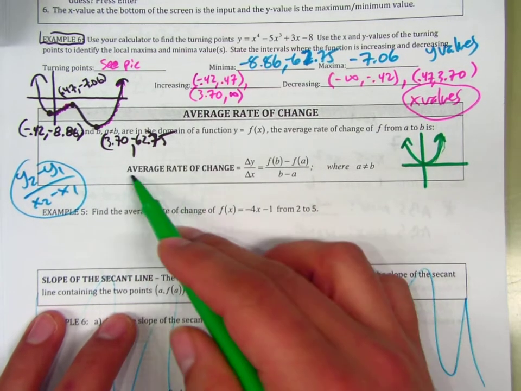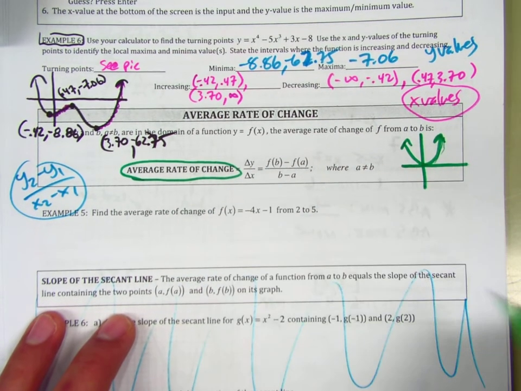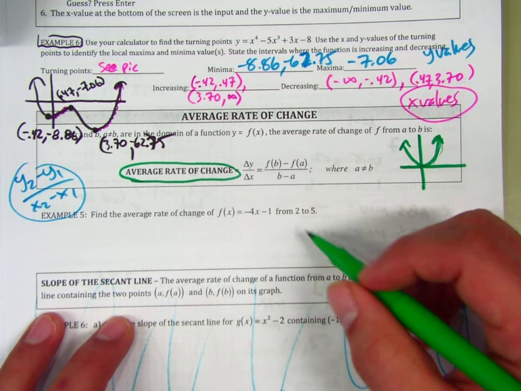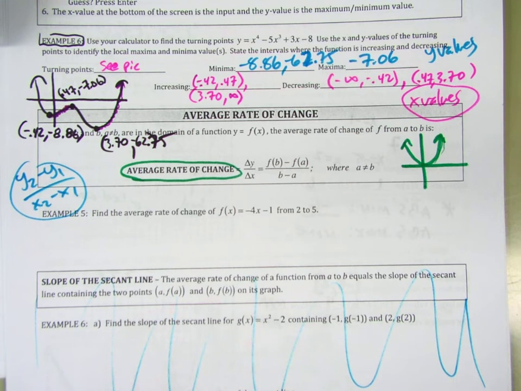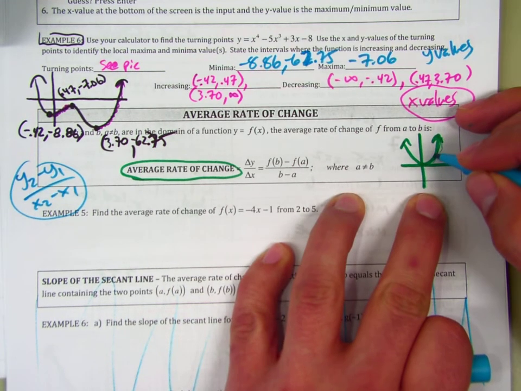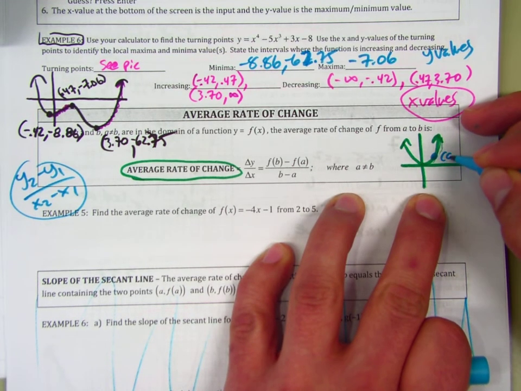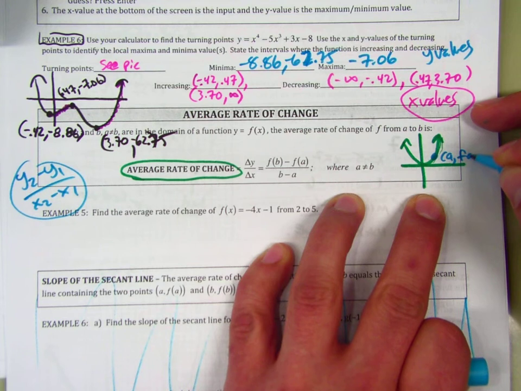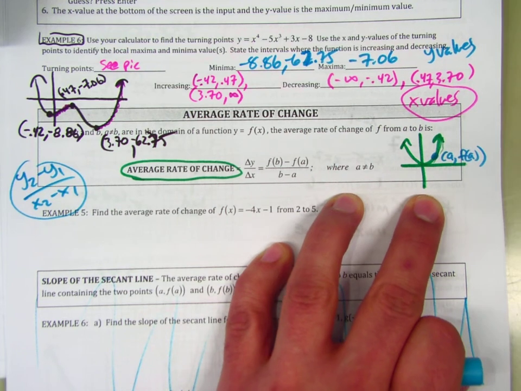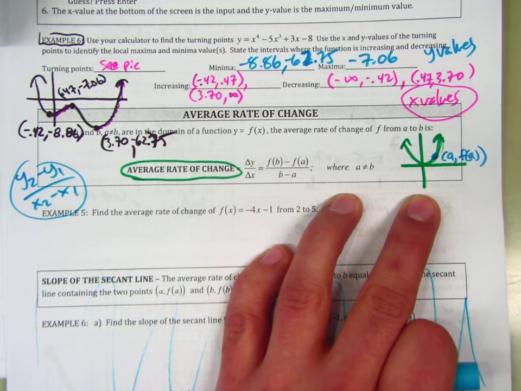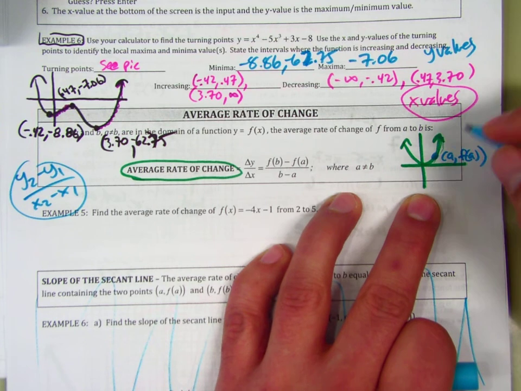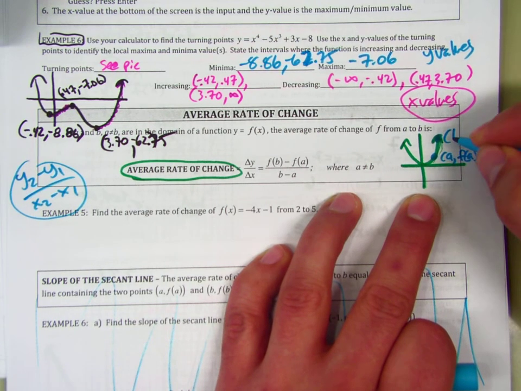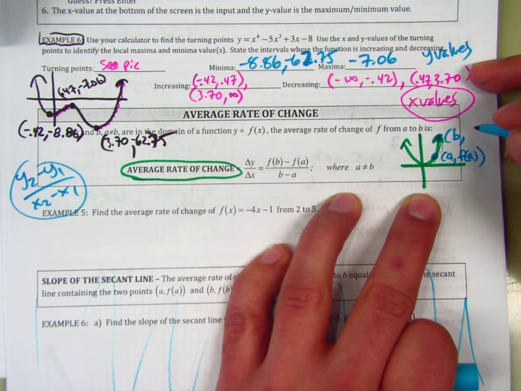Okay, and so this is how we write it in function notation. So let's say this point has an x-coordinate of a. Then we would say the y-coordinate is f of a. Because if you don't know the y-coordinate, you just plug in a to get the y value, right? And if this point over here, let's say it has an x-coordinate of b, to find the y value, you would do f of b.